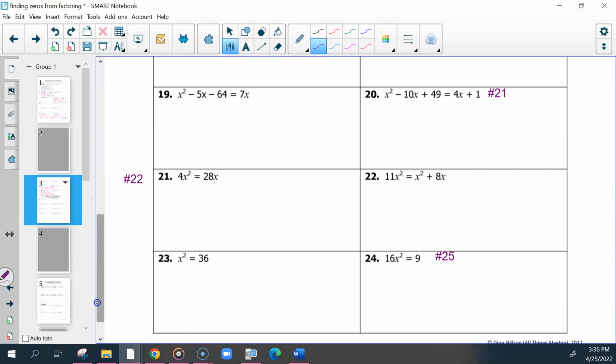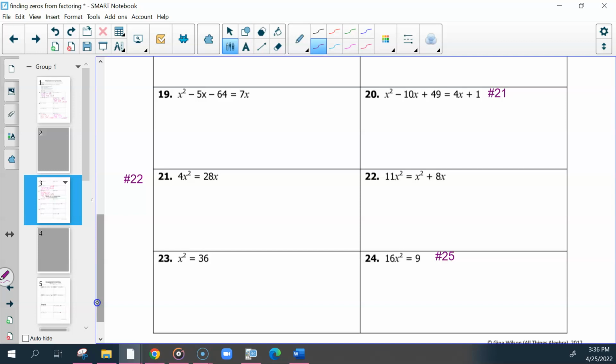Or like in 21, my x squared is already on the left, so I want to move it to where I have a positive first term. If moving it would make me have a negative, that wouldn't really change anything. You just would have to divide out a negative later. So you could do it to the right. That wouldn't really be an issue.